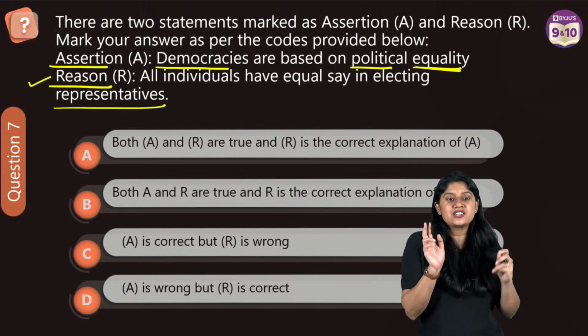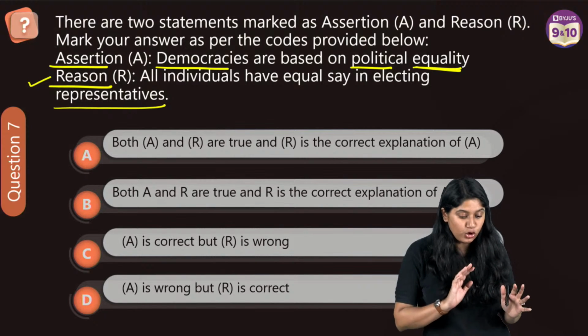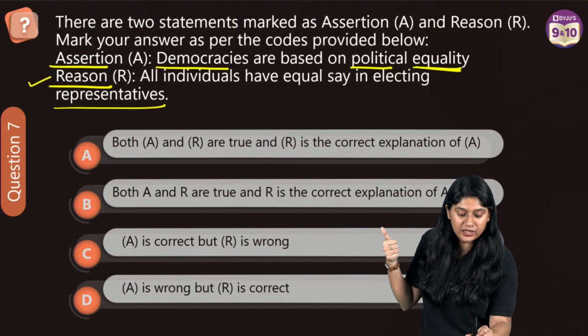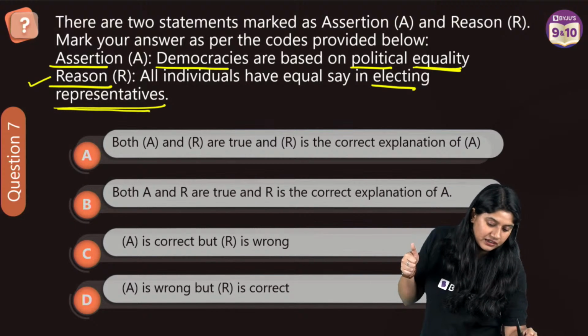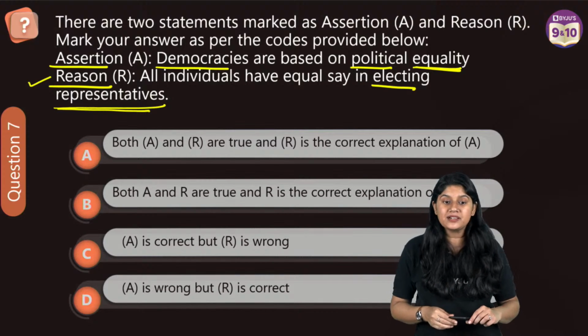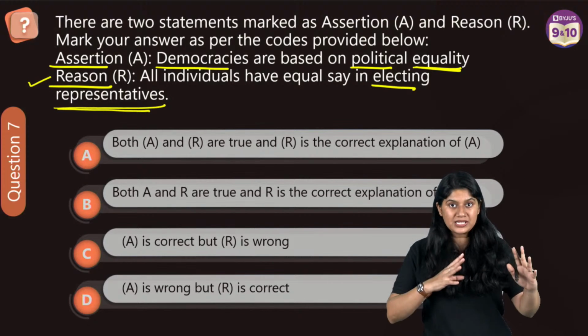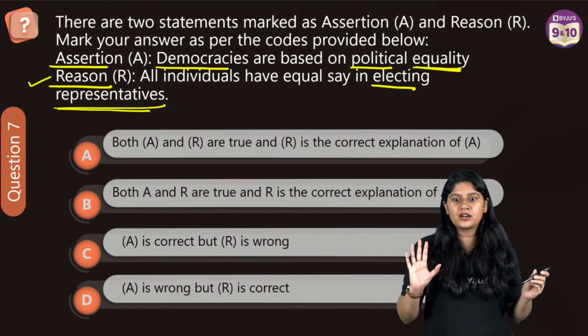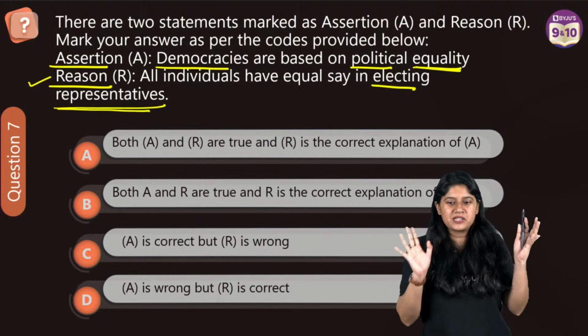So there are 2 hints that you can take. We have the word democracy and then we have electing representatives. And then of course the other word is equality over here. So what do you think will be the correct answer? Do you feel that both these statements are absolutely correct and the reason is the correct explanation for it? Or it's not the correct explanation, or one of these statements is incorrect?